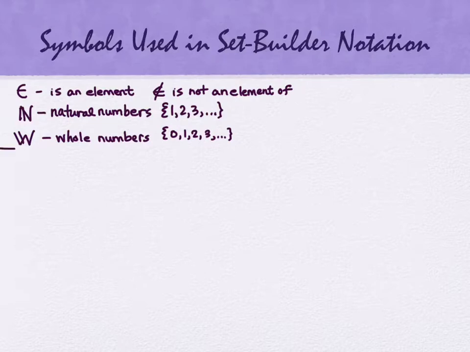Now, this one's funny. Negative numbers included, and the positive numbers included both, are the integers, and they are the letter Z. These are integers. And you might be thinking, well, why are we using Z? That doesn't sort of match. I used N for natural and W for whole.